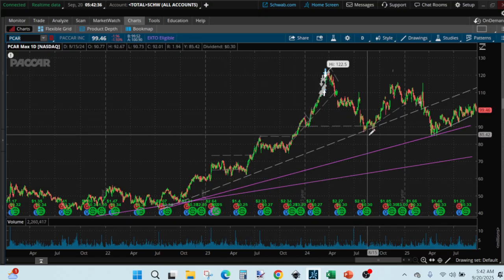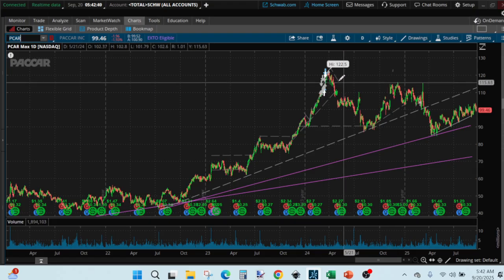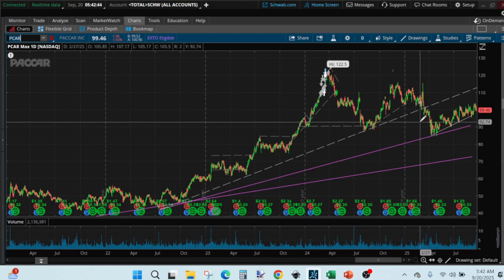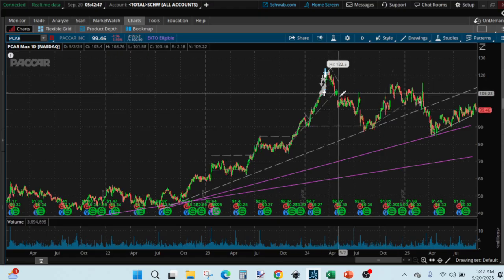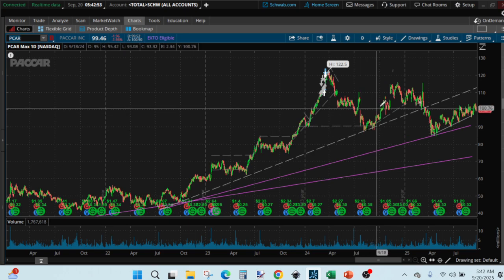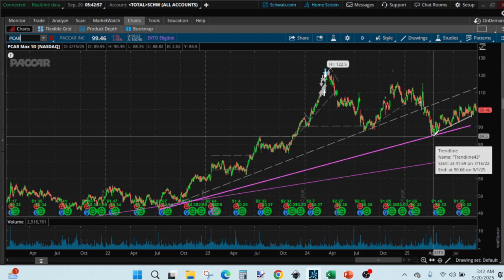It pulled back to it and started going up a little bit, but was not able to go past where it was before, and it pulled back again. So when it starts making lower lows, then you know that it's pulling back. But whether it's pulling back to the trend line you are targeting to enter is another story.